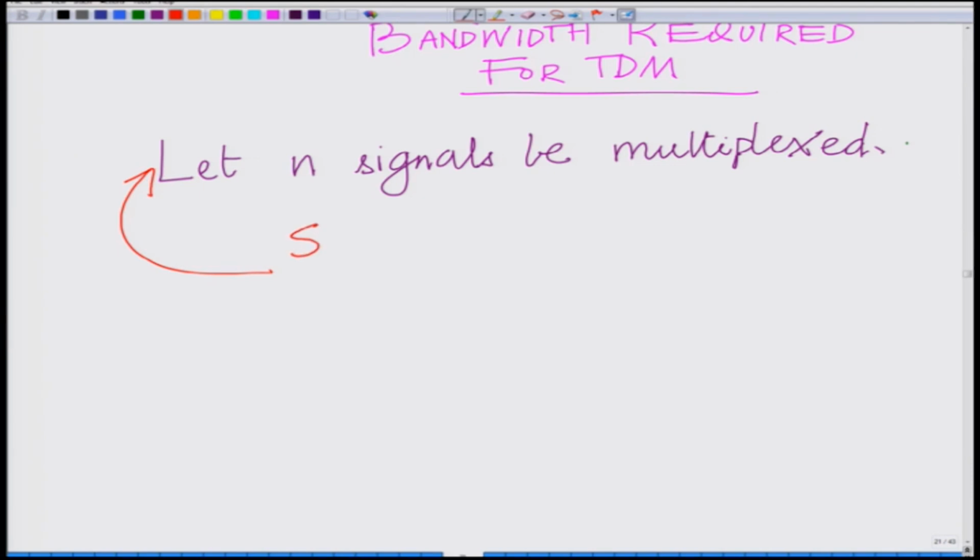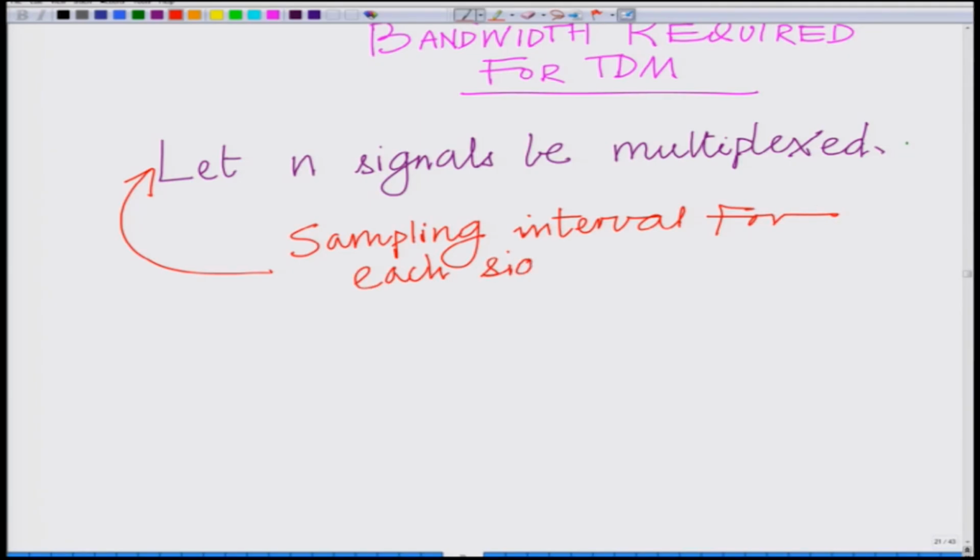So the sampling interval for each signal equals Ts.